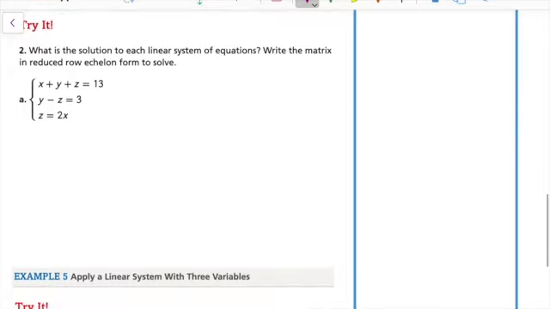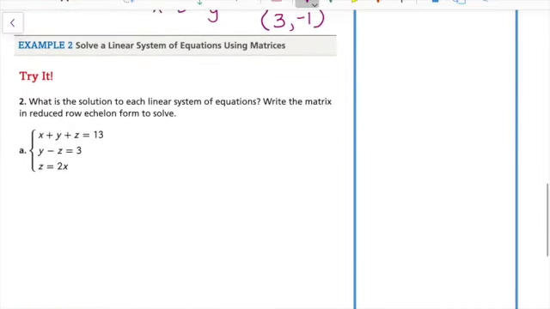So the next problem is just like it. So I'm actually going to keep it in the same video so that we can do this together. But you will notice, so if I think about this being X, Y, Z, and the constant, my first row is fine.